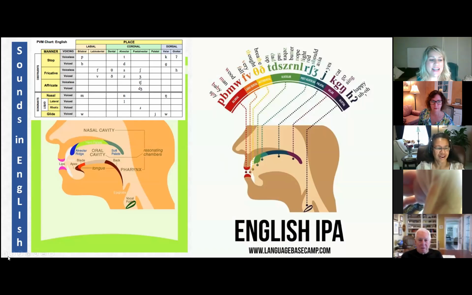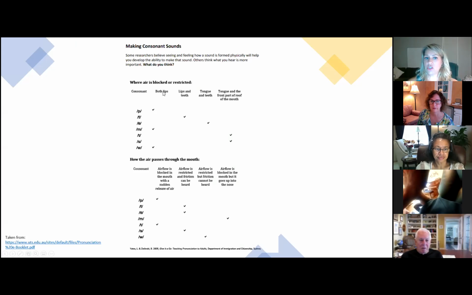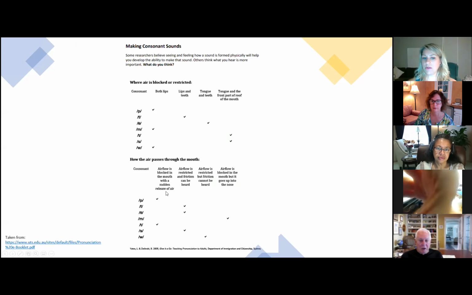One of the things that I do with my students is I really, really need to make them feel the sound, where the sound is coming from, how the sound is created, okay? So this chart right here goes over in writing exactly what I'm going to tell you. So it actually tells you how the sound is created, and that's why I put this in here.